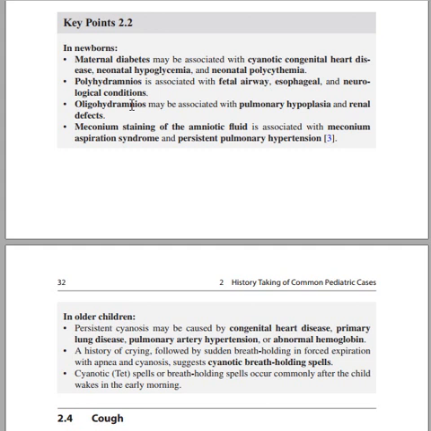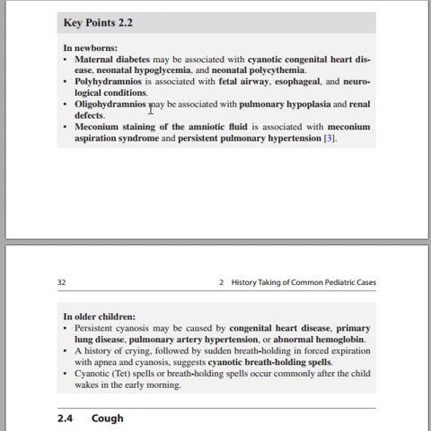So we have oligohydramnios. Oligohydramnios is associated with pulmonary hypoplasia, because I've told you that the amniotic fluid is involved in lung development. When I say polyhydramnios, it just means that you have much amniotic fluid, and when I say oligohydramnios, it means that you have small amniotic fluid.